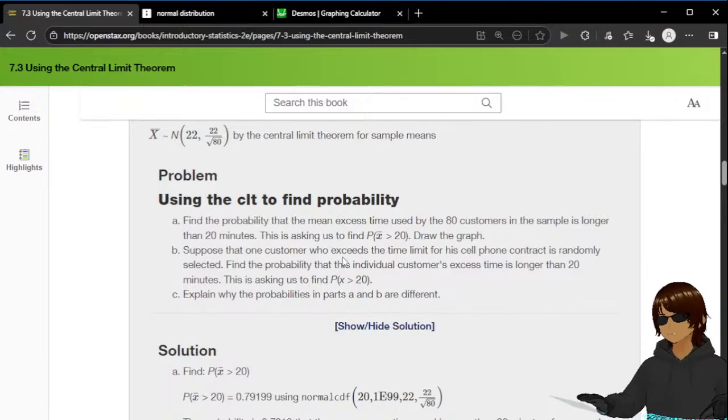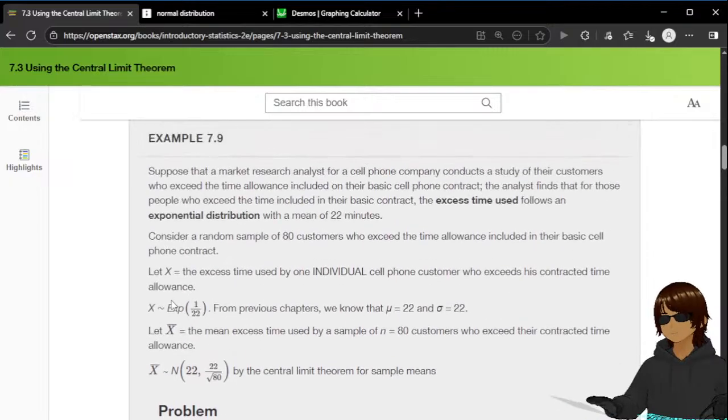Suppose that one customer who exceeds the time limit for his cell phone contract is randomly selected. Find the probability that this individual customer's excess time is longer than 20 minutes. This is distributed exponentially.